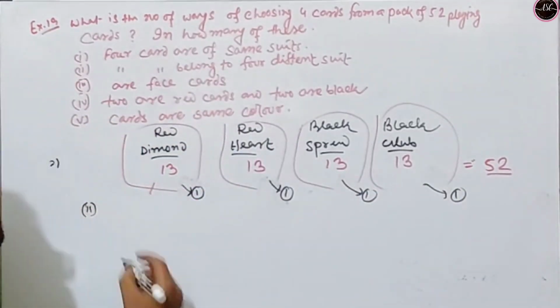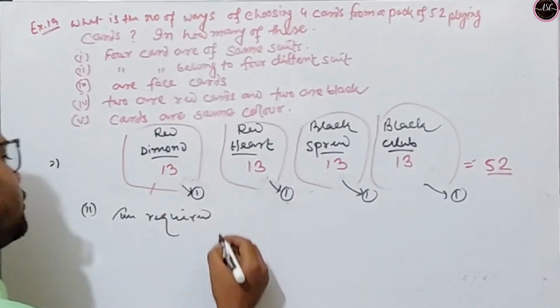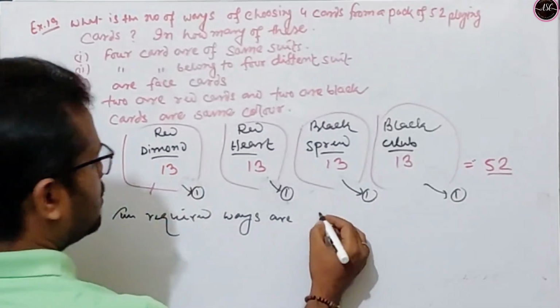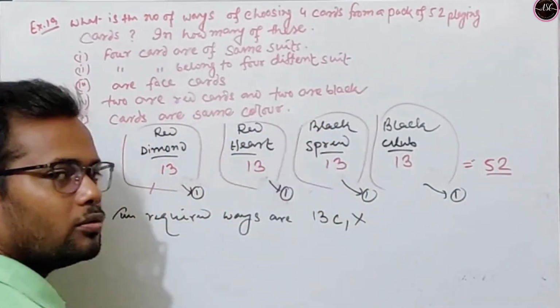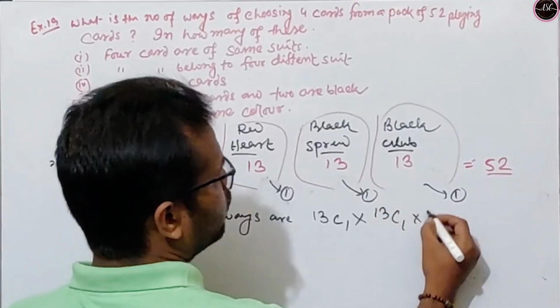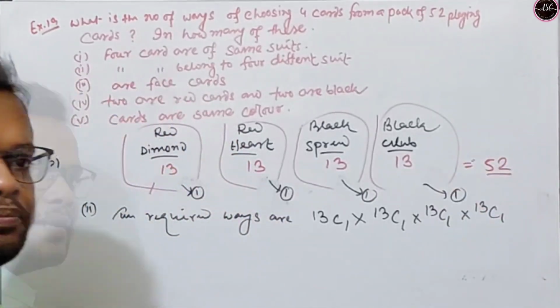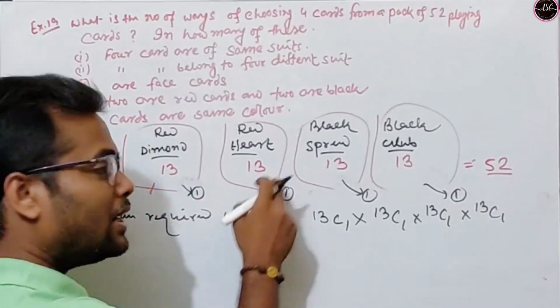So the required ways are 13C1 into 13C1 into 13C1 into 13C1. Among the 4 cards, every card is available in every suit.